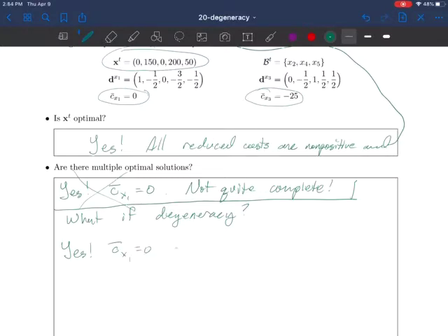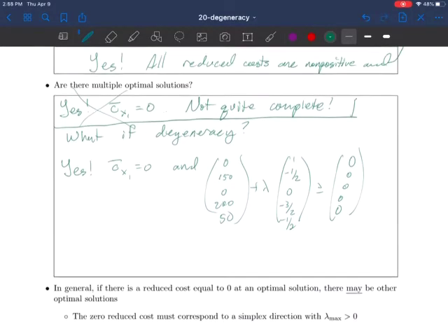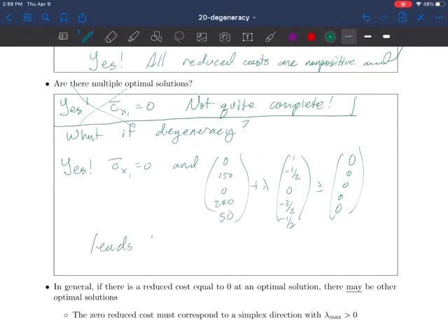However, we can say yes if C bar x1 equals 0, and we have (0, 150, 0, 200, 50) plus lambda times the direction (1, -1/2, 0, -3/2, -1/2), being greater or equal to (0, 0, 0, 0, 0).